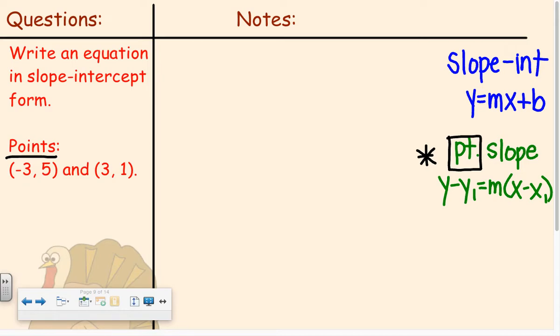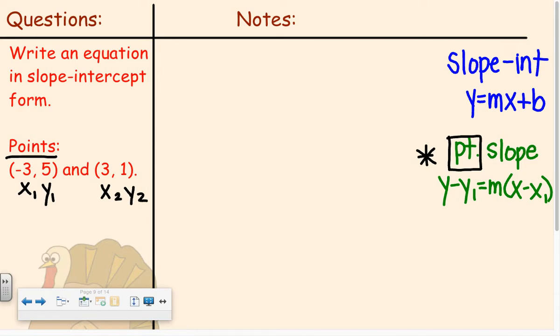What we don't know yet is the slope. So we're going to use the slope formula, which we just wrote down on the last slide in the vocab, to find our slope. So first of all, I'm going to label my coordinates, x1, y1, x2, y2. And I'm going to plug them into my slope formula.